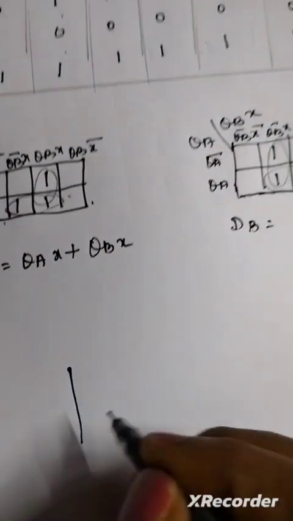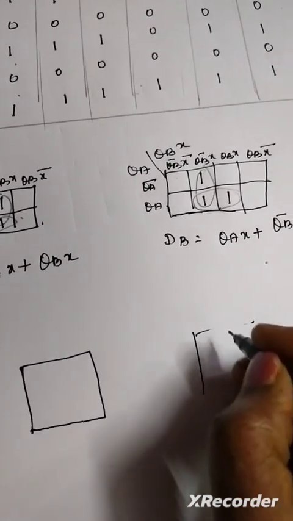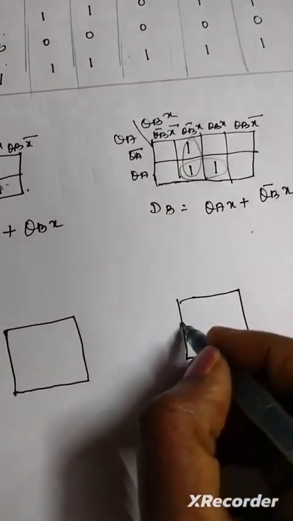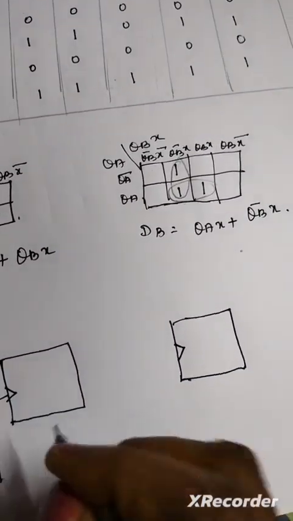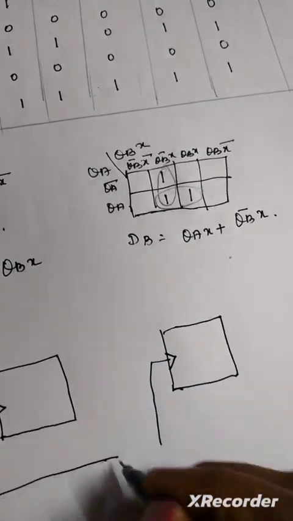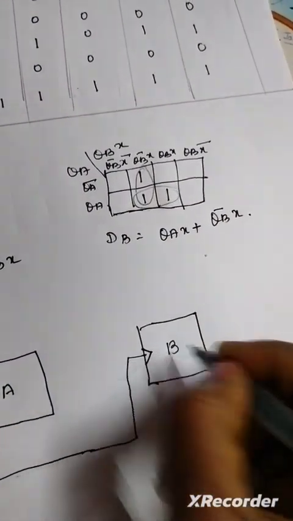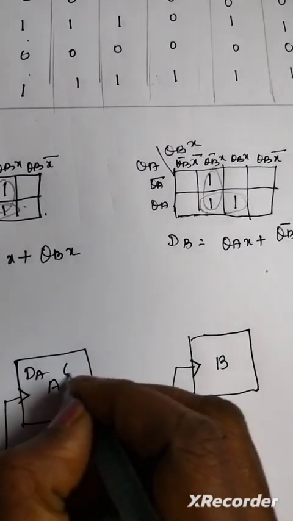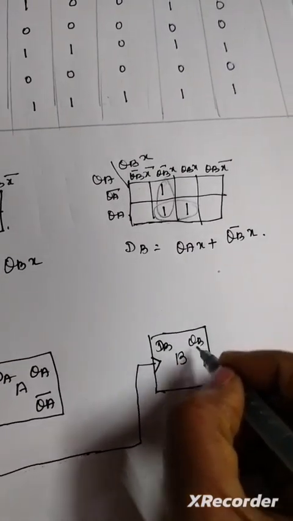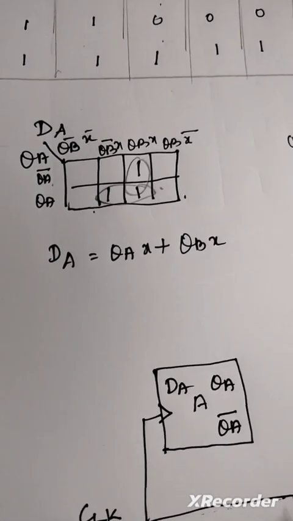So we know that DA and DB. This is synchronous sequential circuit. So your clock pulse is going to be common for both the flip-flops. This is clock. This is A flip-flop and this is B flip-flop. DA, QA, QA bar. This is DB, QB, QB bar. So what is the answer for DA?